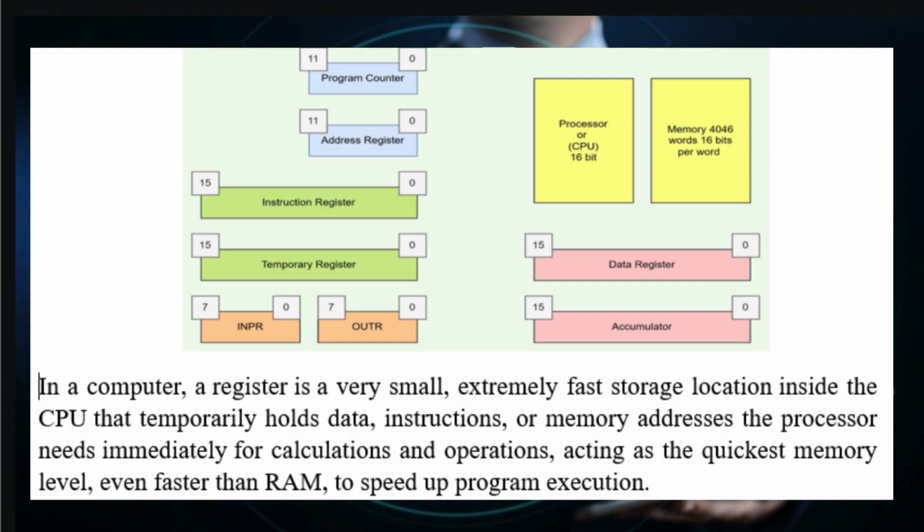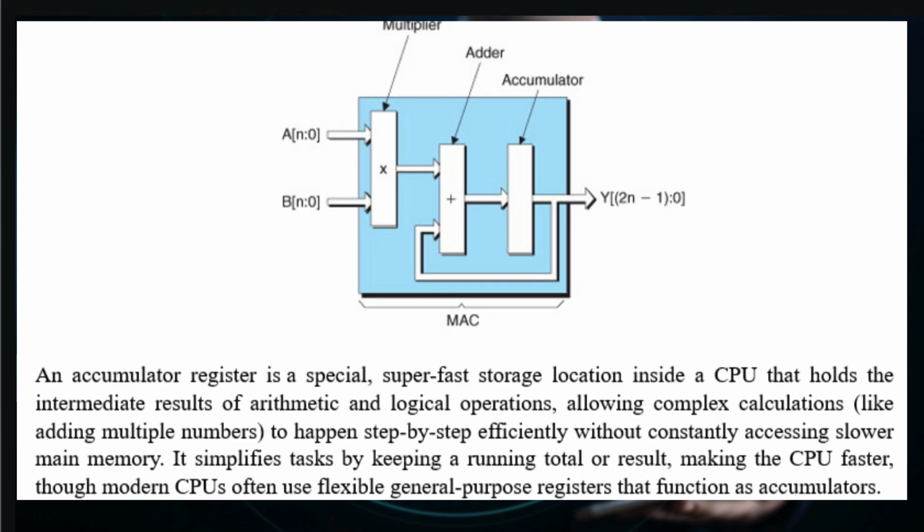Then the instruction register, or the IR, holds the current instruction. Lastly, we have the accumulator, which stores intermediate results. For example, when we calculate 4 plus 6, the numbers and the result are stored temporarily in registers.